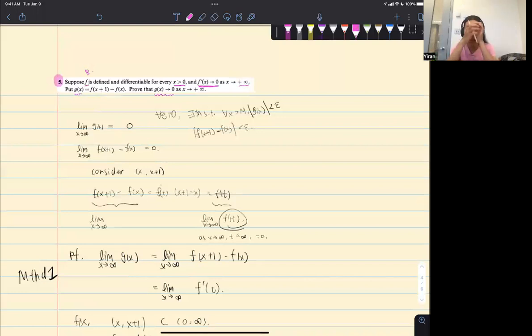So again, I think the trick is to find how to apply the mean value theorem.